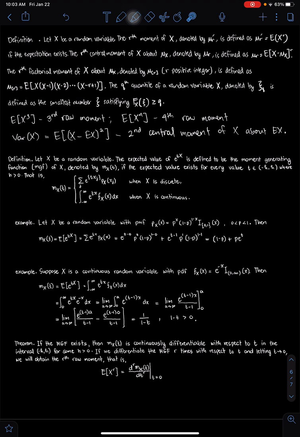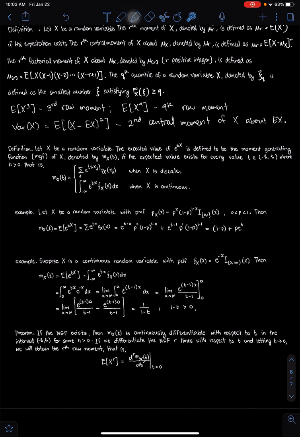Okay, but before that, we will illustrate first how to derive moment generating functions of a discrete and a continuous random variable. So in the first example, we have a random variable X with probability mass function given by p to the x times 1 minus p raised to 1 minus x times the indicator that X takes on the values 0 and 1 only.